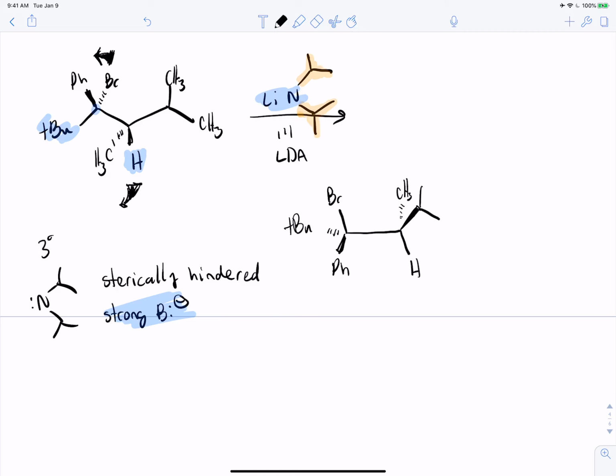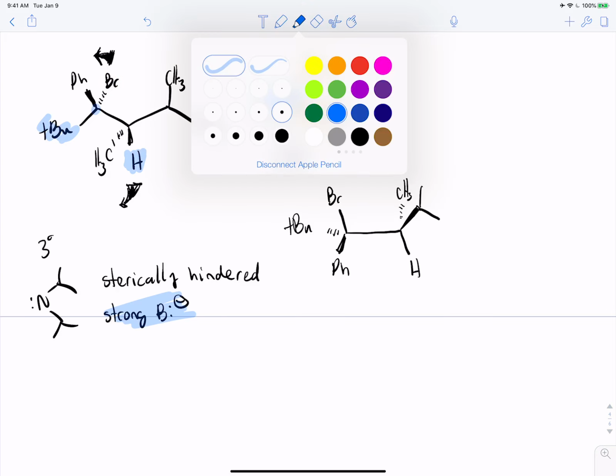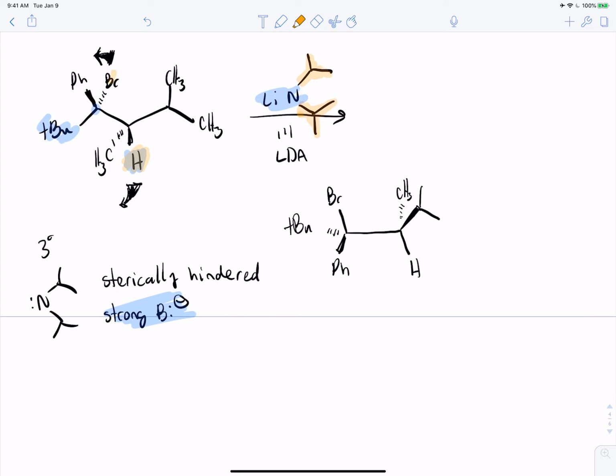And now I've got everything anti-periplanar, which is what I wanted. So ultimately we wanted to get this and this in the same plane, and that's what I've done here. And if I got this wrong or you have questions, feel free to beat on me in the comments. Yeah, so now I've got it in the right spot, so now I just want to take my base.